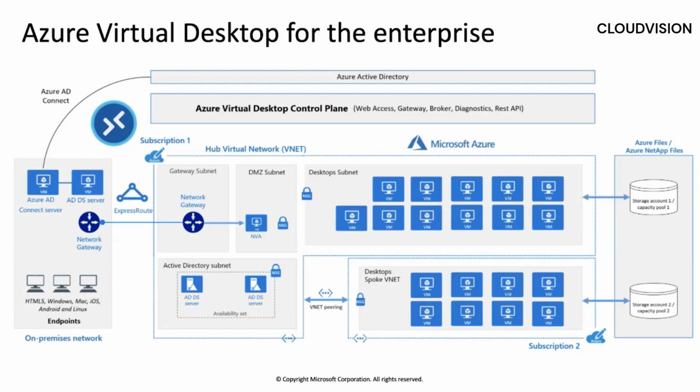Because when it comes to the hybrid identity itself, there are various types of authentication methods being used, like password hash synchronization, federation service, and pass-through authentication. So all these things are there, and we will be discussing those areas as well when it comes to the planning of identities.